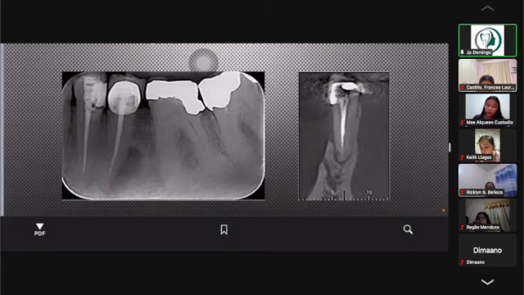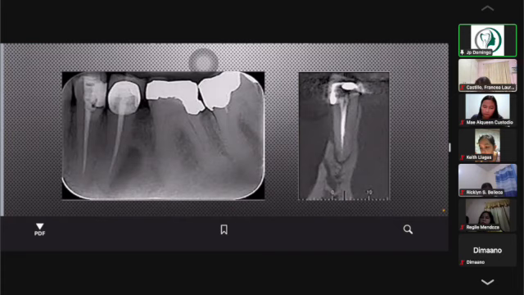Diba? So, there is a large radiolucent area, and this is caused by a fractured file fragment on the apical portion of the tooth. This is tooth number 35.